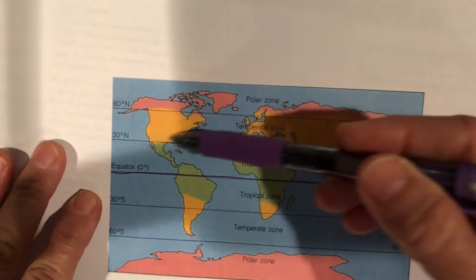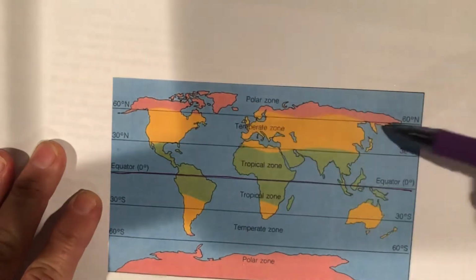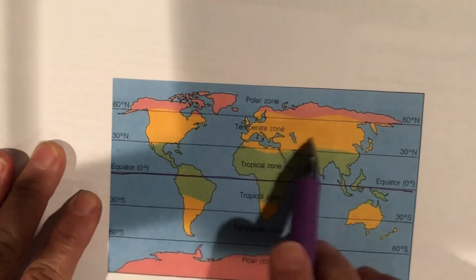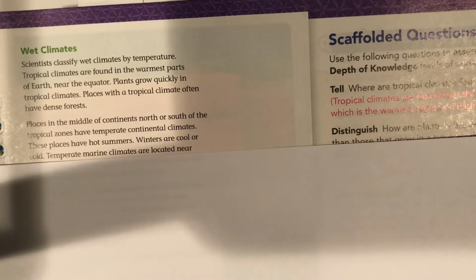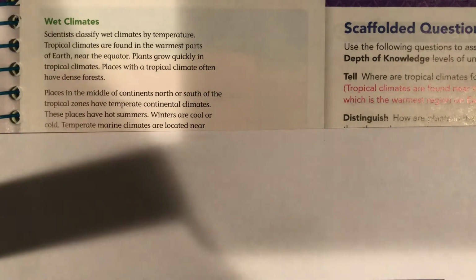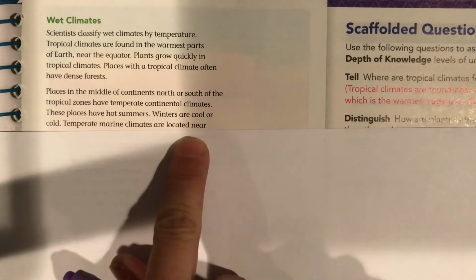Most of the United States, if you look, is right in that temperate zone, and Europe. These places have hot summers. Winters are cool or cold. The temperate marine climates are located near the coastal areas. The climates in these places are milder than the temperate continental climates.